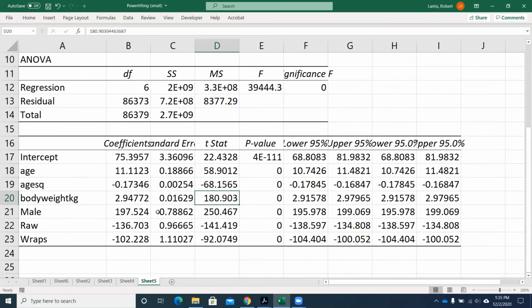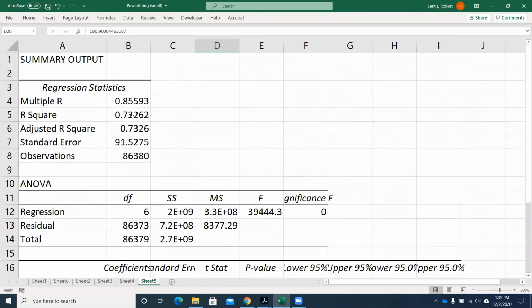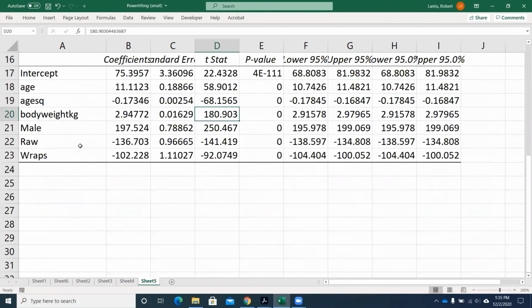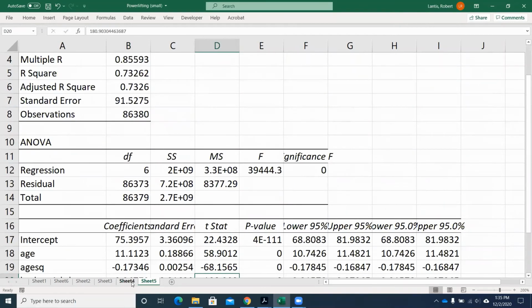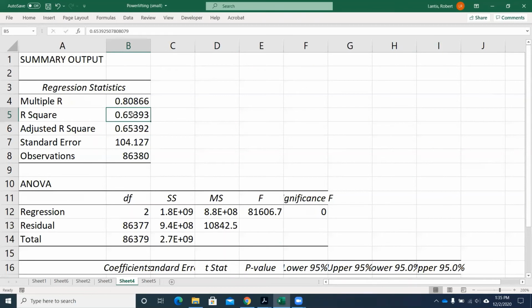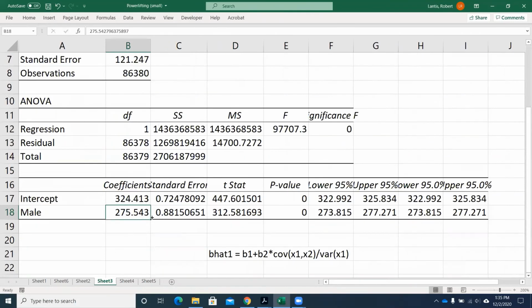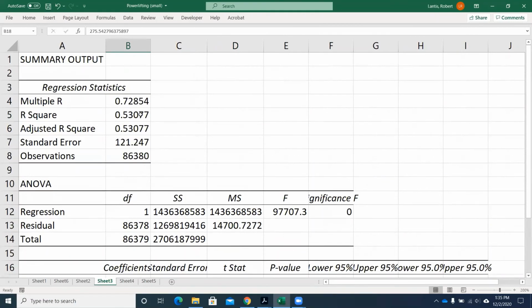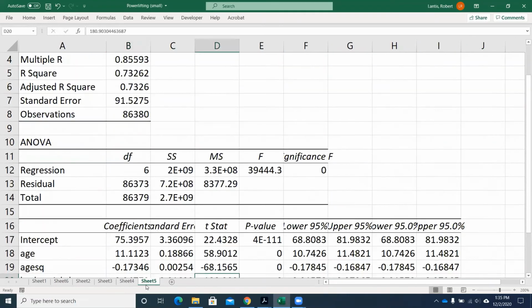We also revisited the discussion of what the r squared means. As we add in additional control variables, we were able to increase that r squared. If we look backwards, we went from 0.73, 0.65, to the very simple linear regression, where we only had 0.53. So as we add in additional control variables, we're increasing that r squared, right?